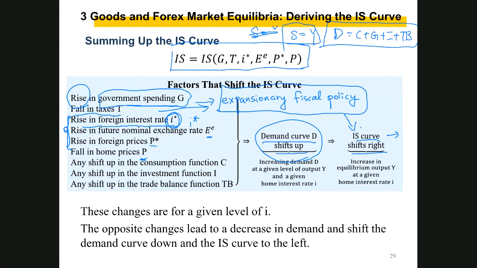So anything that shifts up consumption, investment, or the trade balance will shift the IS curve to the right. Okay, and the opposite just leads to the opposite direction.